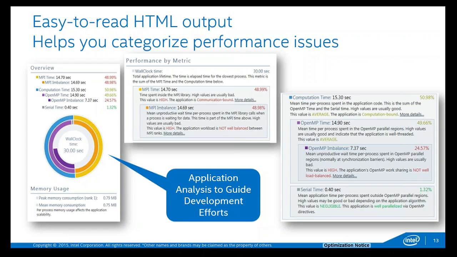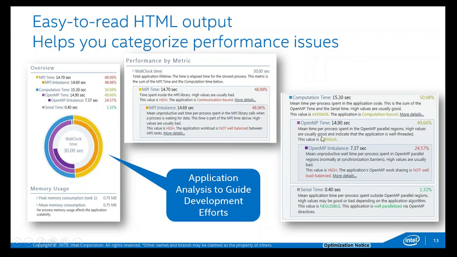In this case, it just means unpredictable wait time for each rank, for each MPI call in your application. When I do the demo, I'll show you how it expands a little bit into the details. And then it does the same for the computation time as well, right? So it breaks it down into OpenMP time versus serial time, and then it categorizes each one.